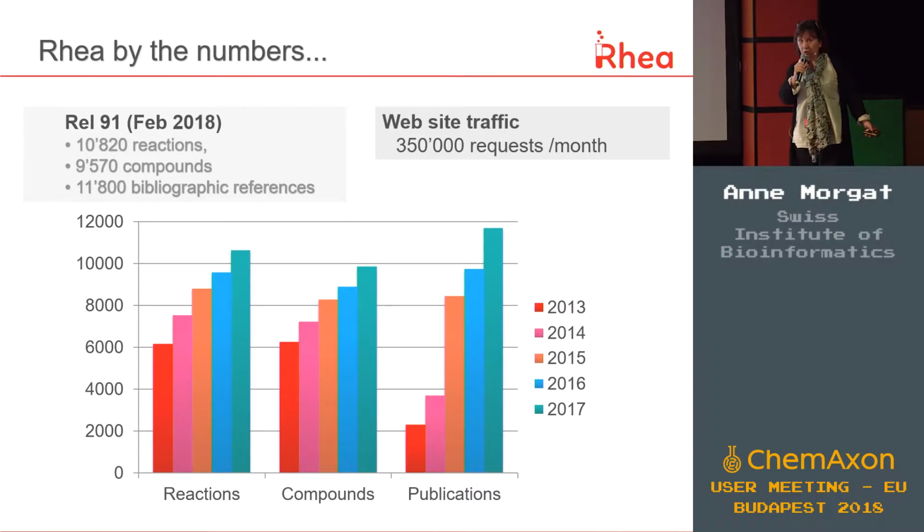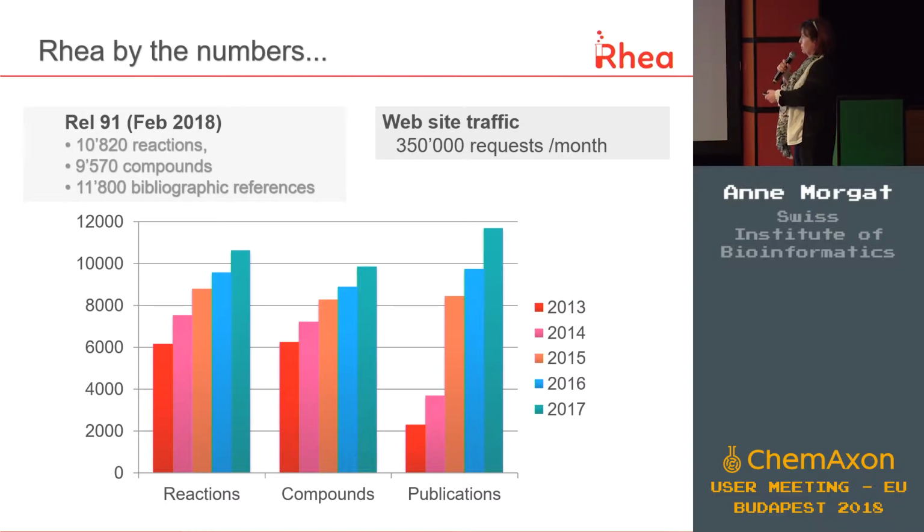RHEA by the numbers. We see during this presentation very, very big databases. We have only a small database. In this last release, RHEA contains only, I would say, 11,000 reactions that involve around 10,000 compounds. But these reactions are evidenced by nearly the same number of bibliographic references.